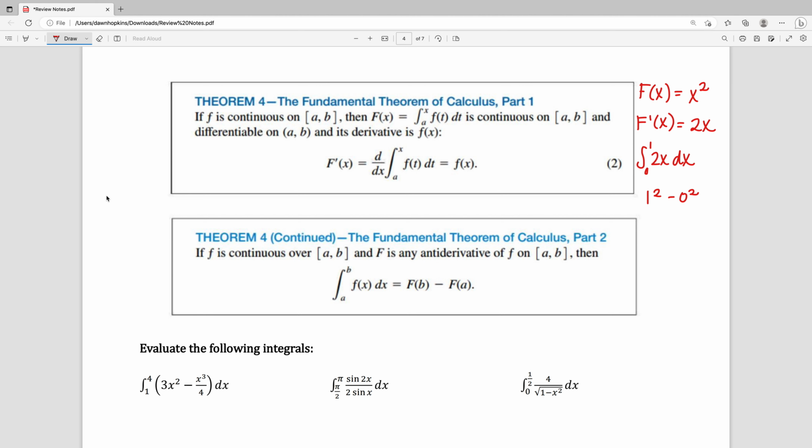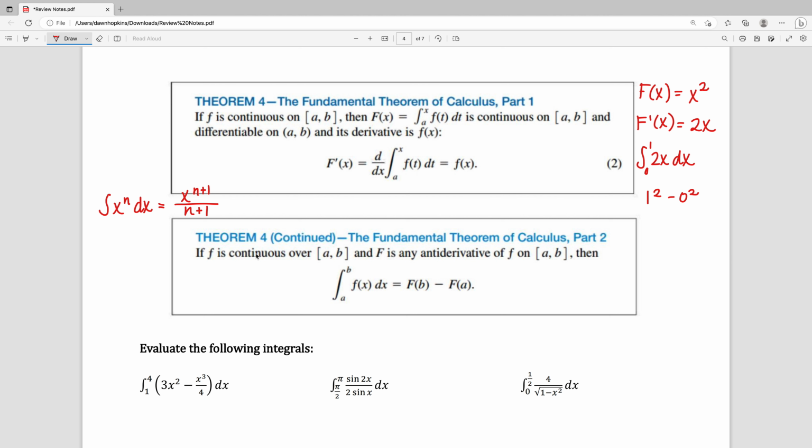Anytime you are integrating x to the n power, you can find the answer by taking x to the n plus 1 power over n plus 1. When you integrate that, it's just x to the 1 higher power over that higher power.